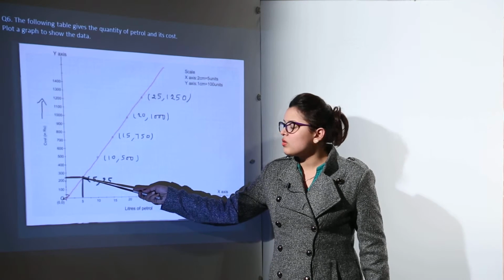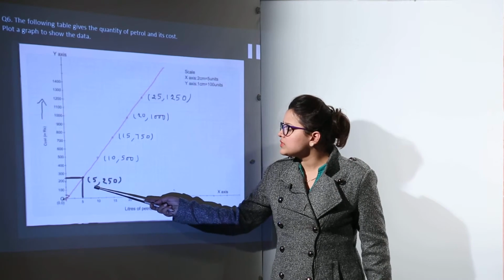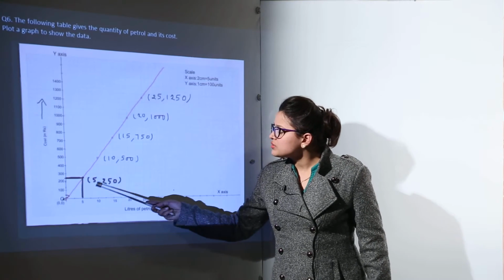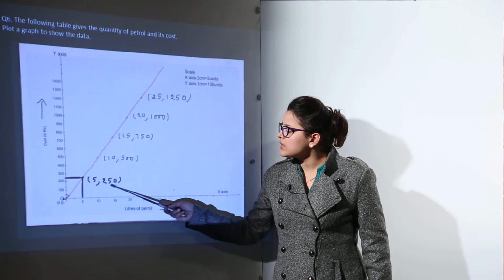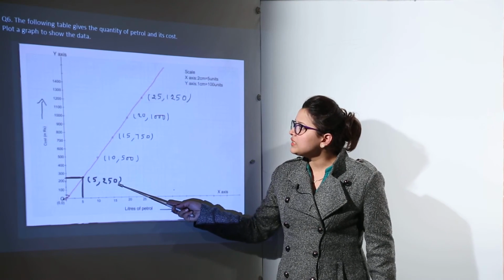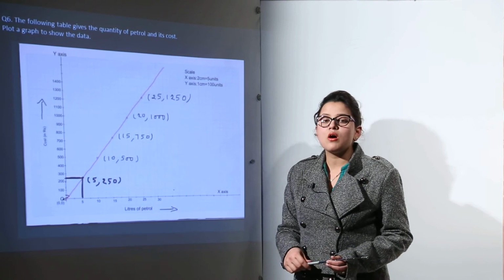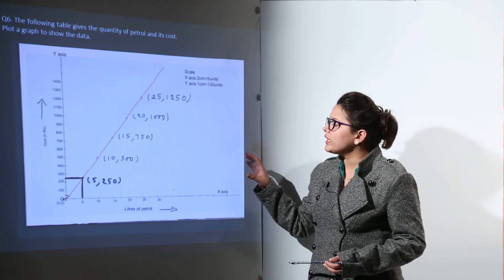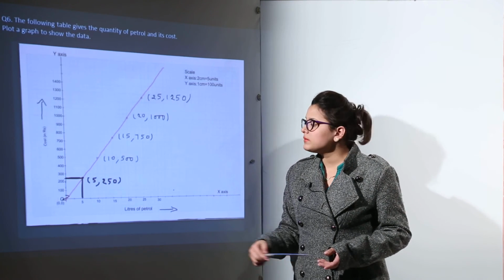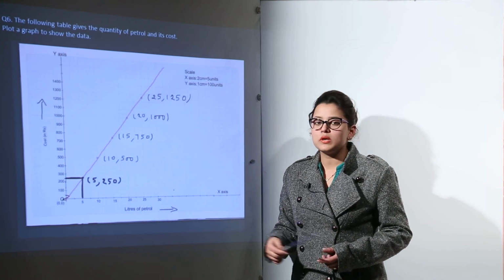The coordinates of the point will be 5, 250. So 5, 250 is showing us that for buying 5 liters of petrol, you have to pay 250 rupees. This is how you can actually plot the points and make the analysis. Some analysis like this can also be done, right?